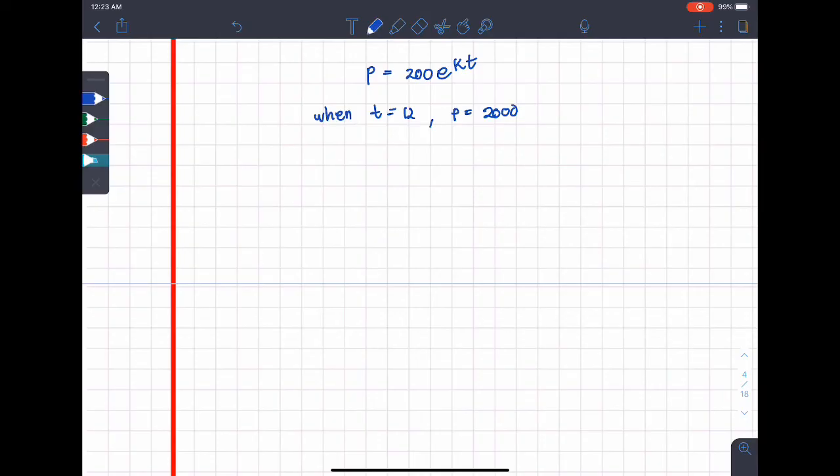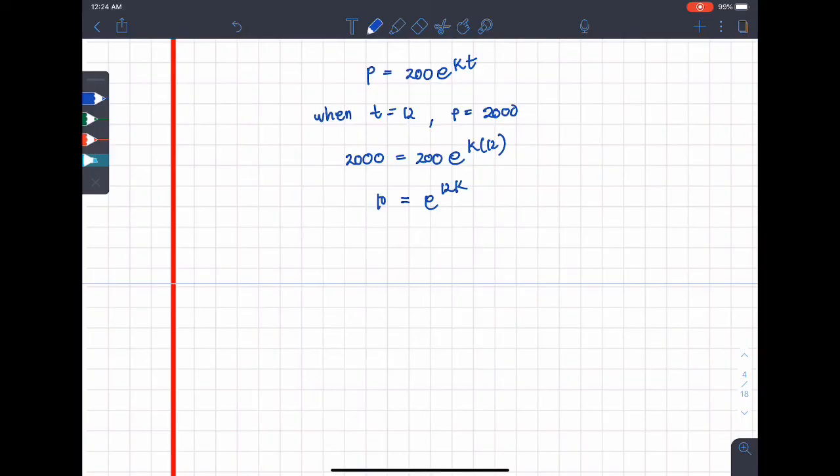Substituting those into our new equation gives 2,000 equals 200 e^(k times 12). Dividing both sides by 200, 2,000 divided by 200 gives 10 equals e raised to 12k.